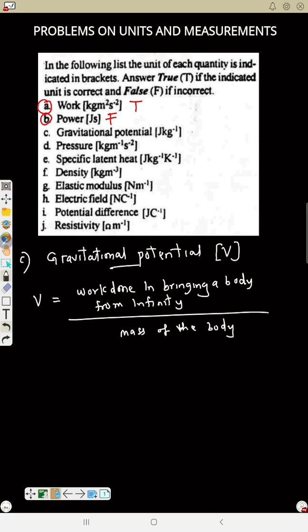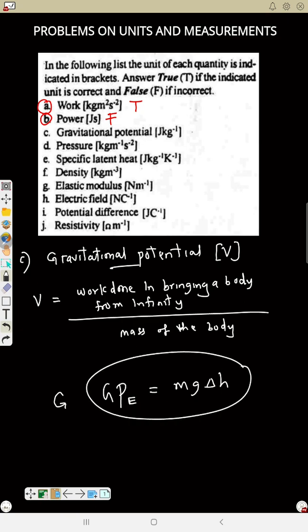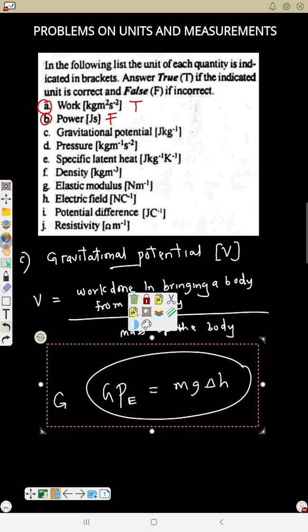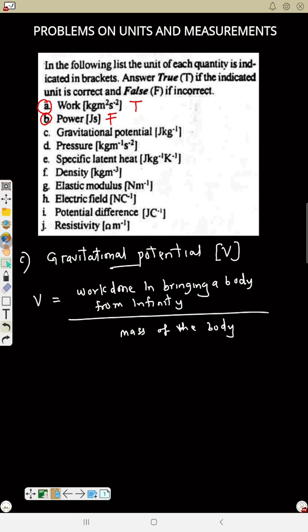Note that gravitational potential energy is equal to mgΔh. Take notes. But this one is gravitational potential. It is the work done in bringing a body from infinity divided by the mass of the body.